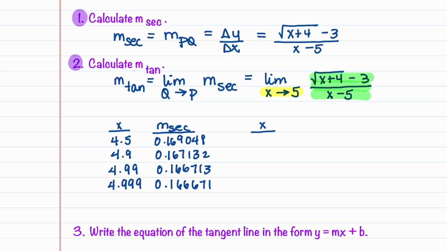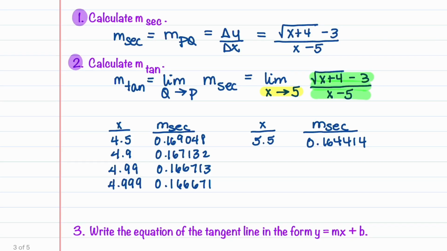Now we're going to let point Q be to the right of point P. So we can start with x being 5.5. We'll compute the slope of the secant line just like before. We take 5.5, plug it into our formula, and we get 0.164414. Then we let x be 5.1, and we get 0.166206.